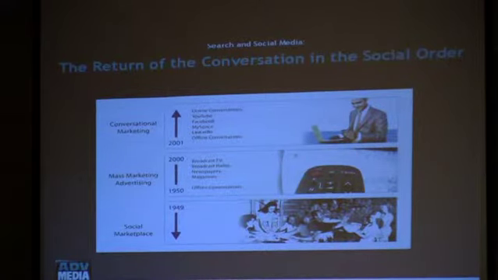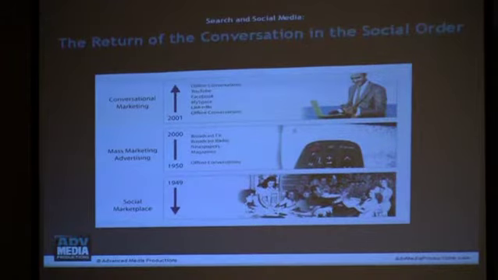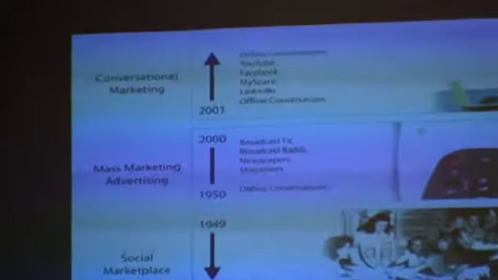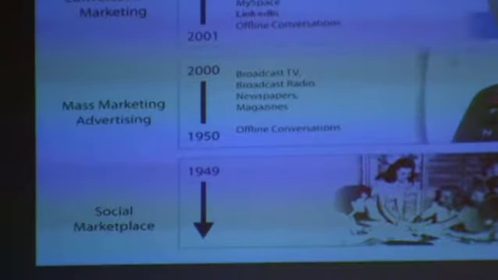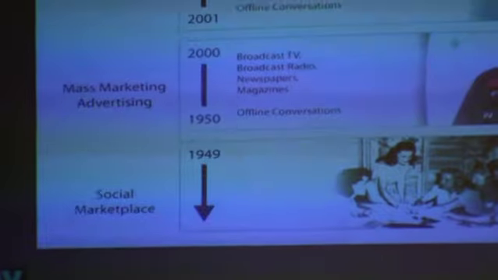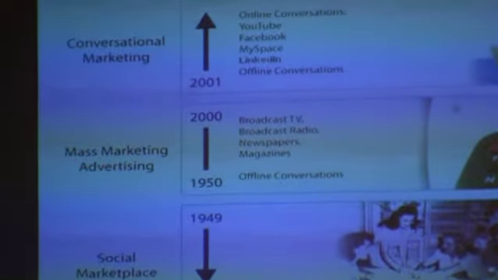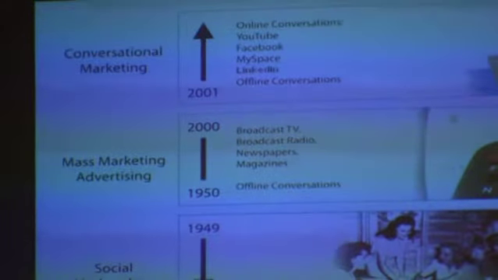After 1950, however, many of us know that you had broadcast TV, and basically newspapers, magazines, and you had offline conversations, but you had what we call mass marketing. But the mass marketing in those days was basically one way. The advertiser would take a commercial on TV and the mass market would see that commercial.